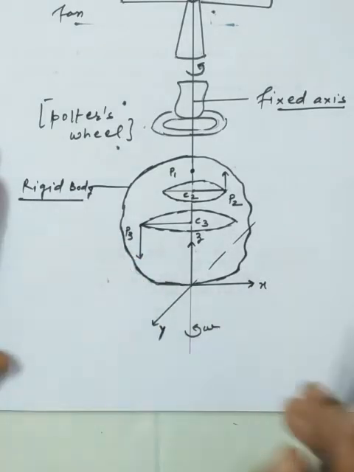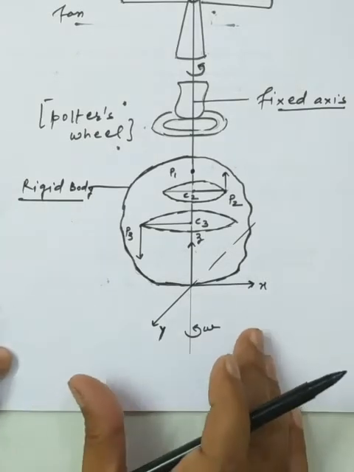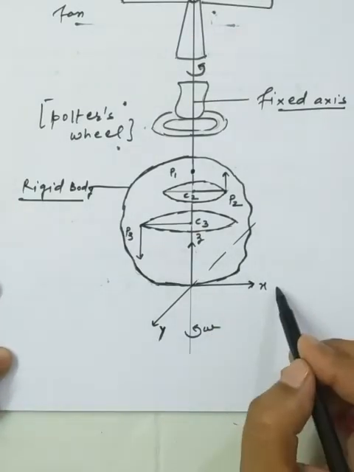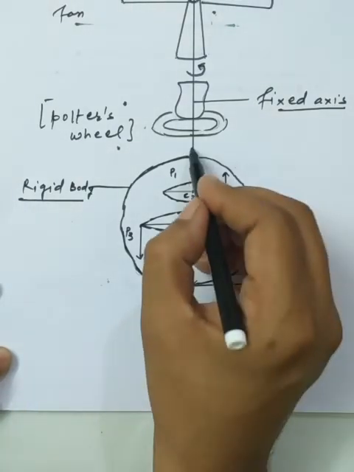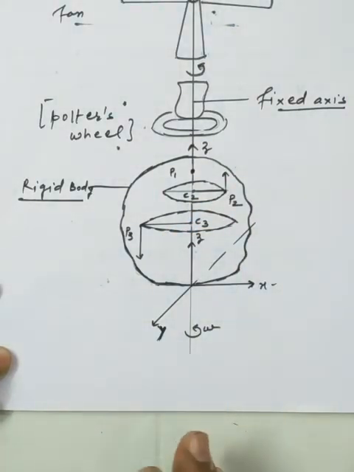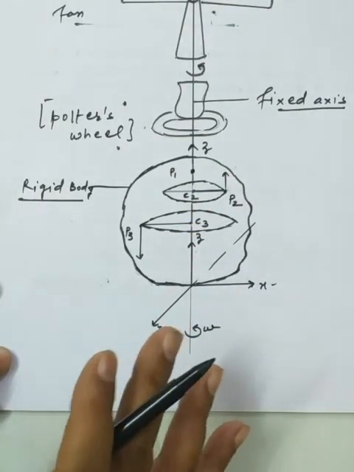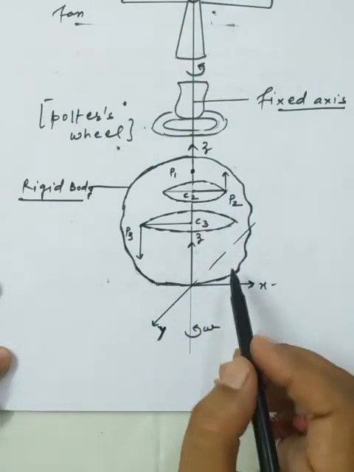This is the diagram of a rigid body, and we are assuming the rigid body in the xy plane. This is the x-axis, this is the y-axis, and the body is rotating about the z-axis. Whenever we imagine a number of particles inside the body, they are at different distances from the axis of rotation.